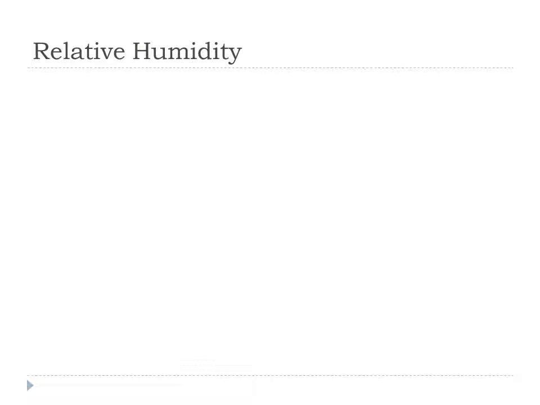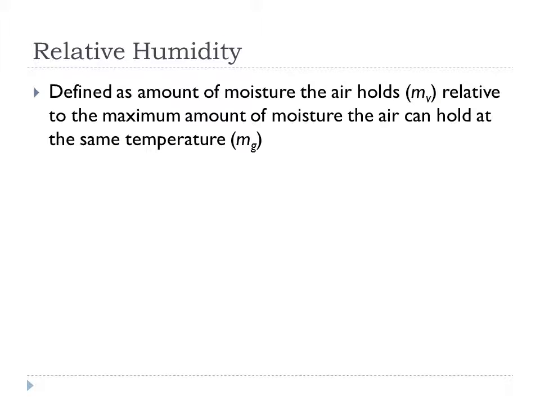Another important term which is widely used in air conditioning as well as in our day-to-day life is relative humidity. It is defined as the amount of moisture that the air holds relative to the maximum amount of moisture that the air can hold at the same temperature.